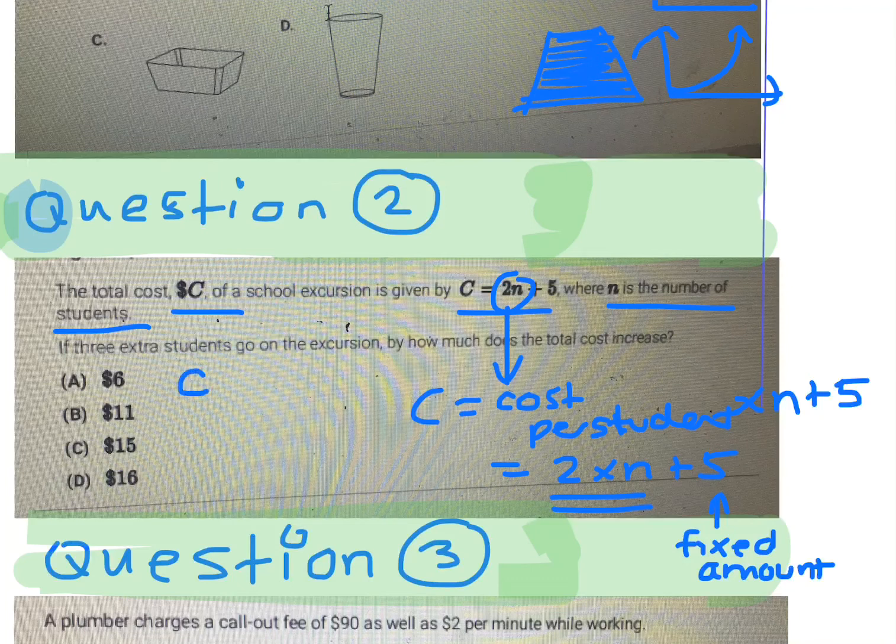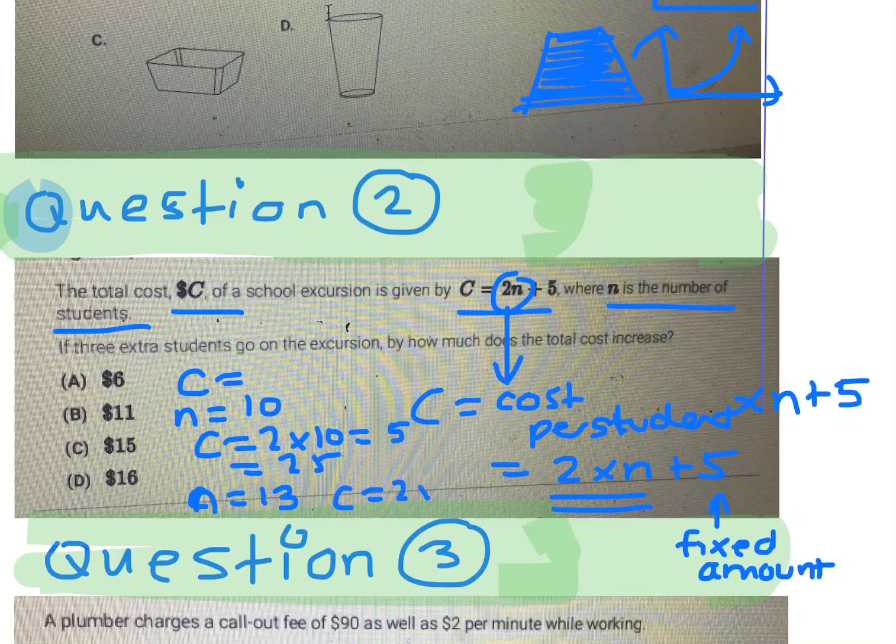Okay, so you haven't really got an amount there. But what you could do is just put in a dodgy amount. Let's say 10. So 2 times 10 plus 5, so that's 25. And if you increase it by 3, that would be 13.